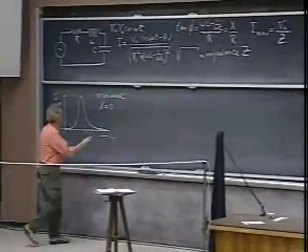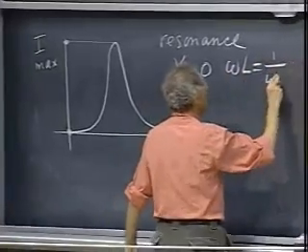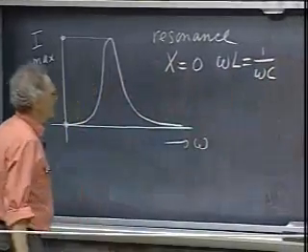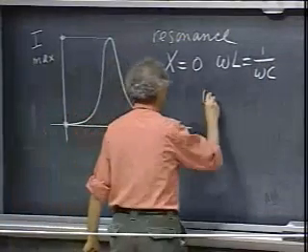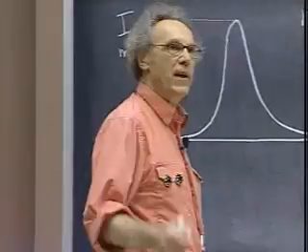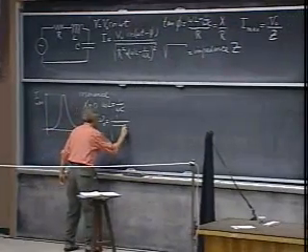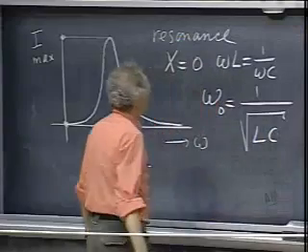And so when X equals 0, you'll find that omega L is 1 divided by omega C. And so the frequency for which that happens, I call that omega 0, reminds me that it is the resonance, is 1 divided by the square root of LC.